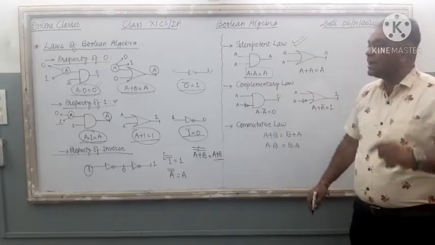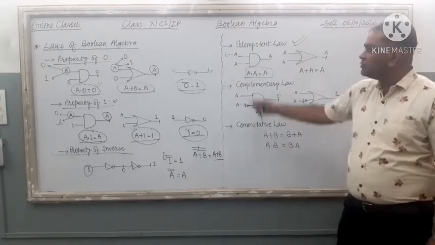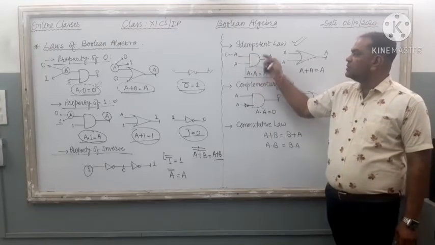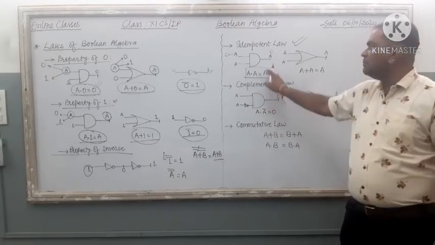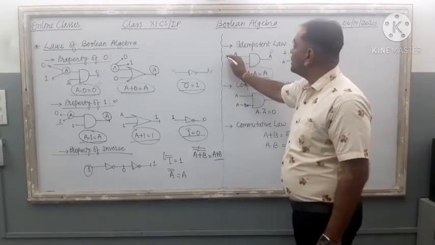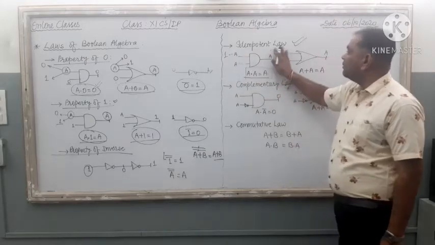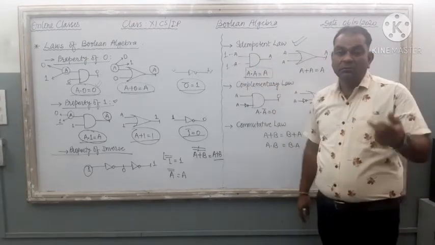If you want to check it out, suppose the value of A is 0. So here it is 0, 0, 0 into 0, what is the result? 0 only. A dot A equal to A means the value of A is the result. Now I am going to change the value of A to 1. Now check it out. What is the result? Here it is 1. Here it is also 1 because both the inputs are same.